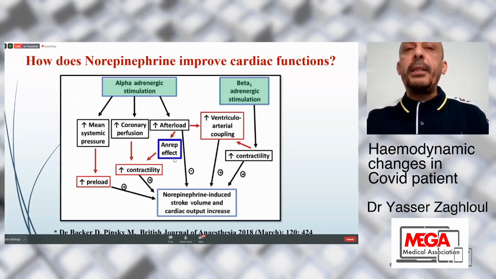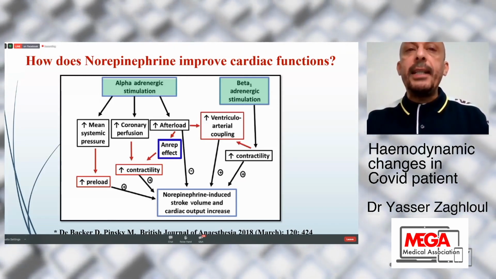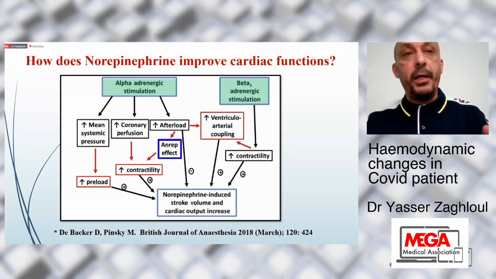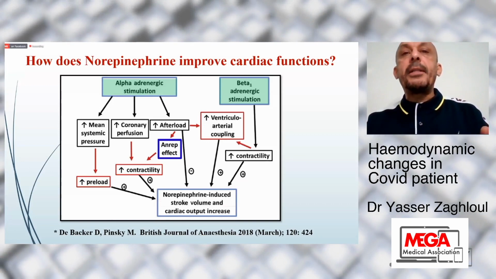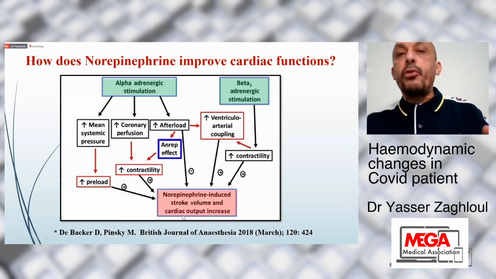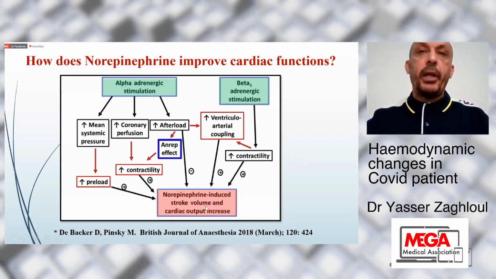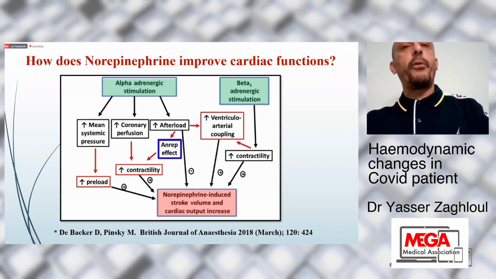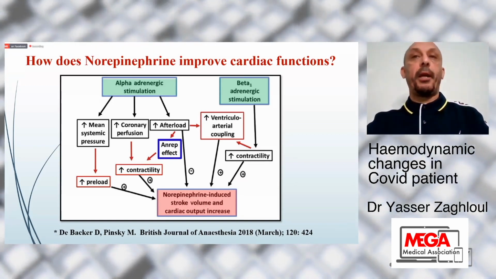So the Anrep effect means increased contractility secondary to the increased afterload or systemic vascular resistance. And the end result is increased stroke volume and increased cardiac output. That's why we like nor-epi in most types of shock as first line of therapy.